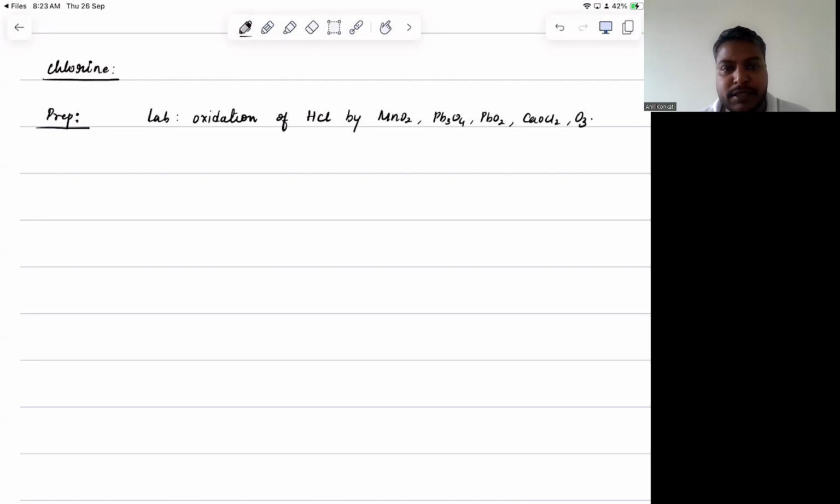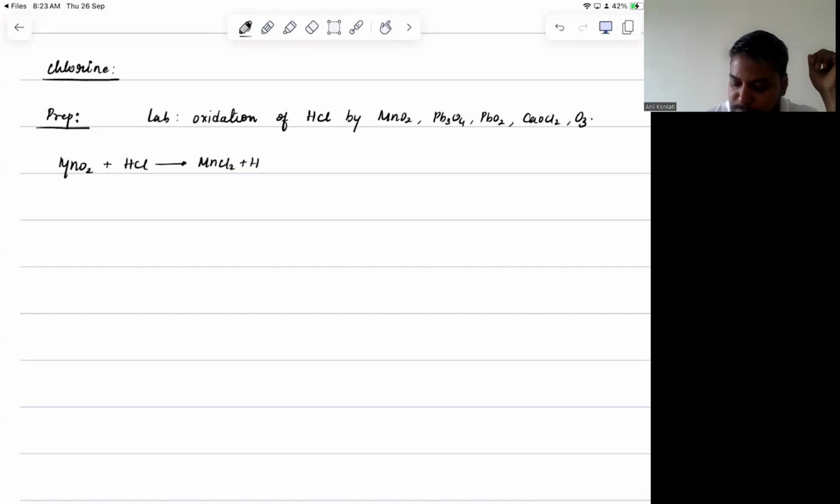These are typically the oxidizing agents which will oxidize HCl to Cl2. Let me show you the reactions. MnO2 plus HCl will convert into MnCl2 plus H2O plus Cl2.